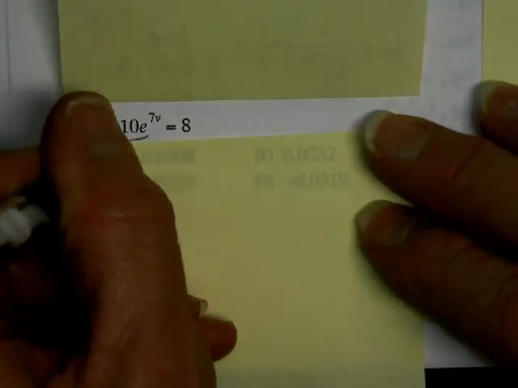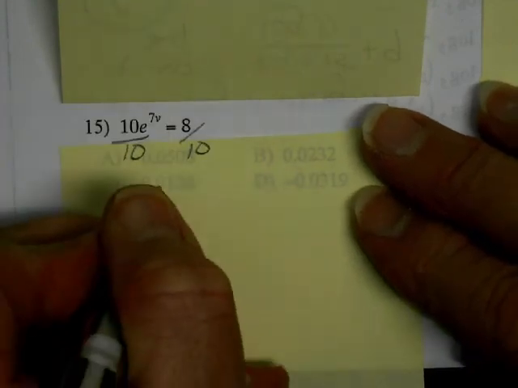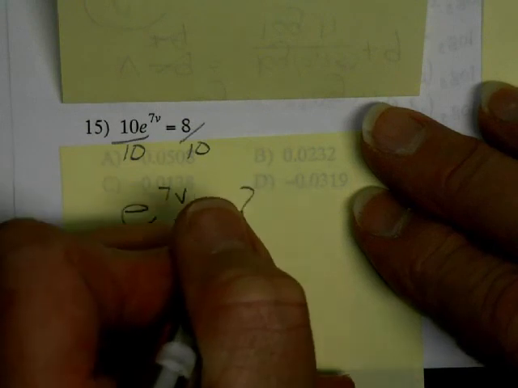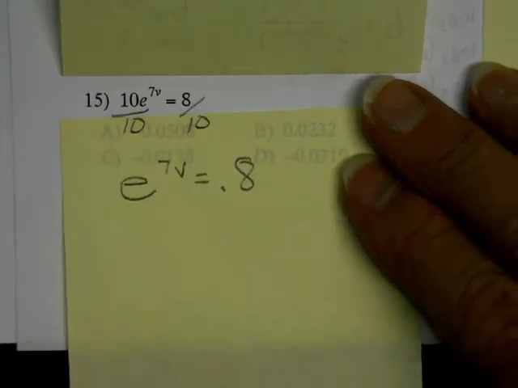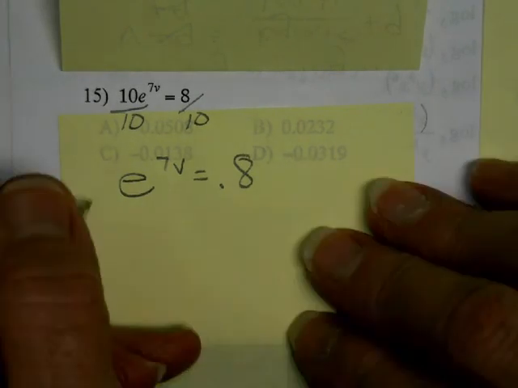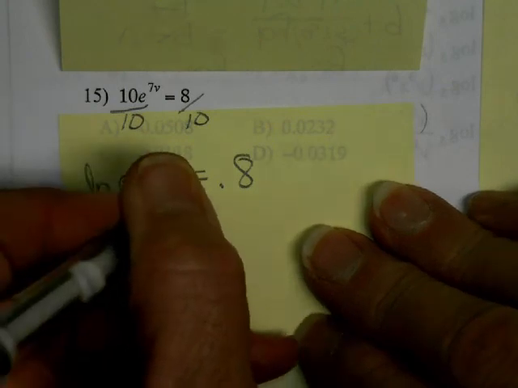Okay, 15 was like in your homework. There was a base e. You want to use a natural log for your story, but not until you isolate the power. So my e to the 7v is 0.8. I'm going to help myself and make a decimal.